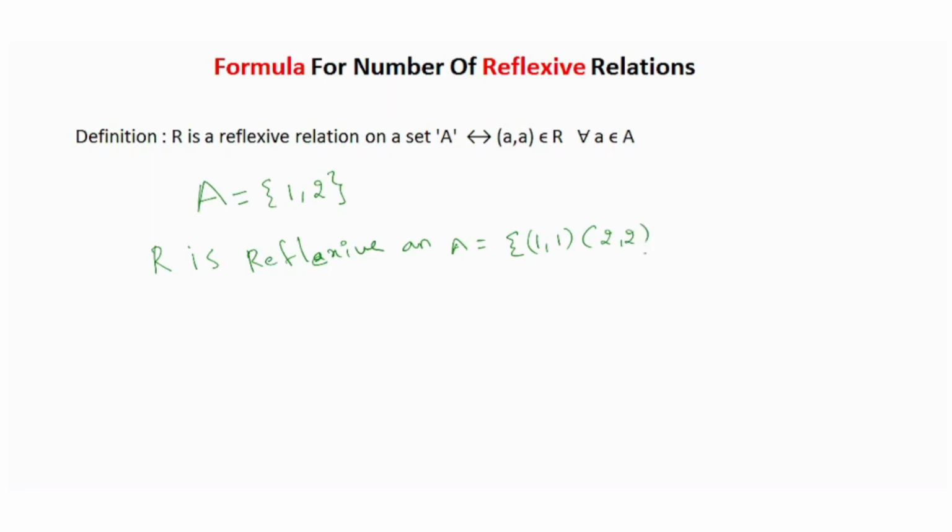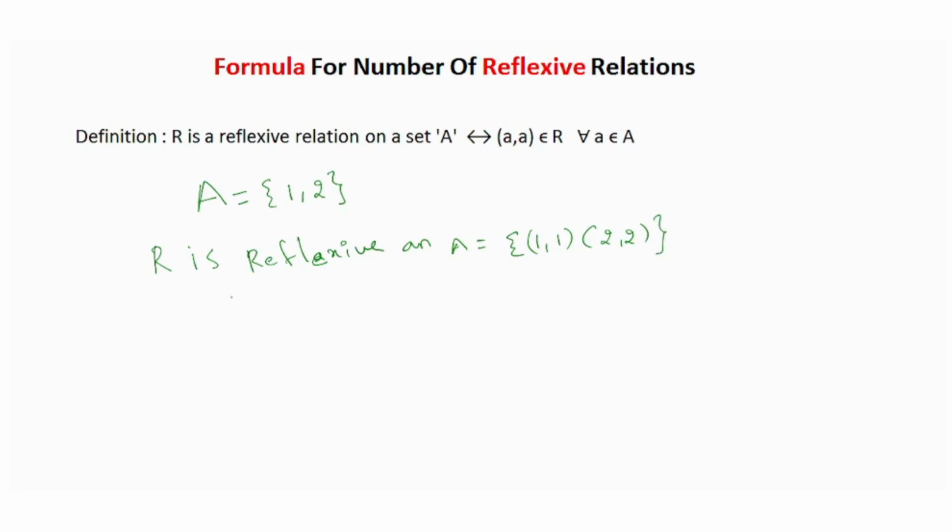These two ordered pairs are a must. Along with these, there are other possibilities, which we can discuss now.